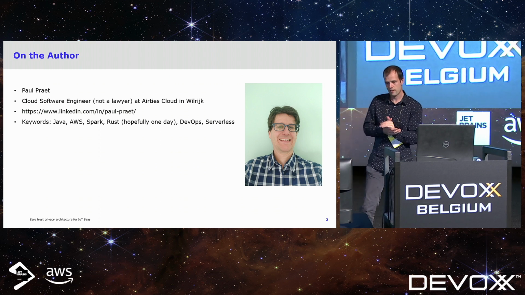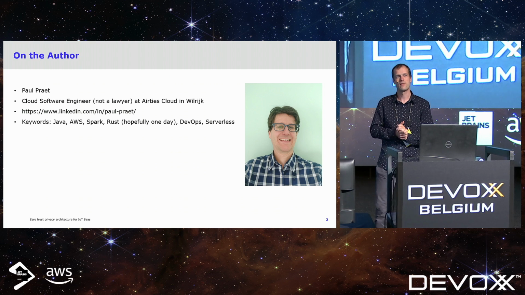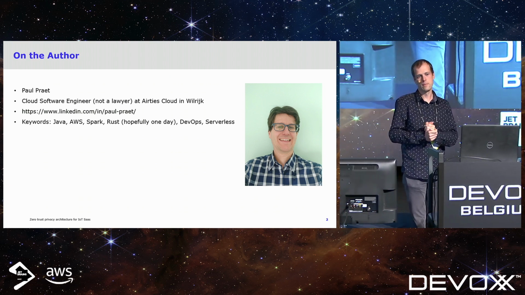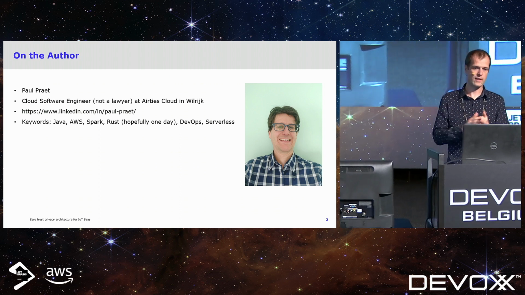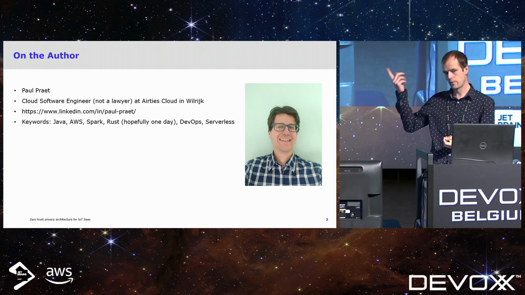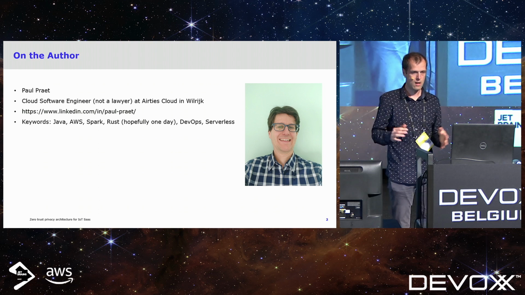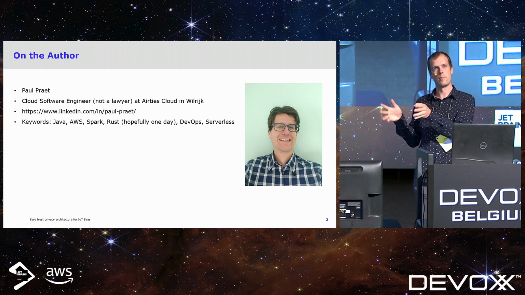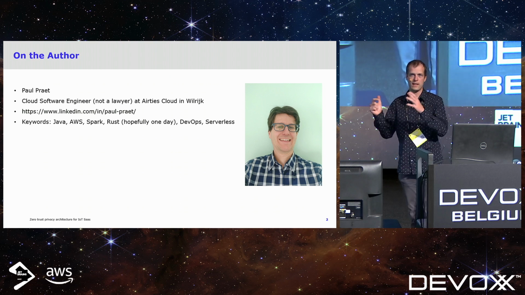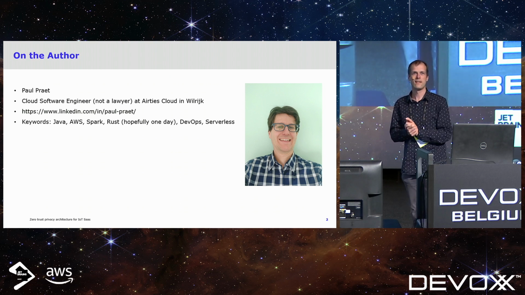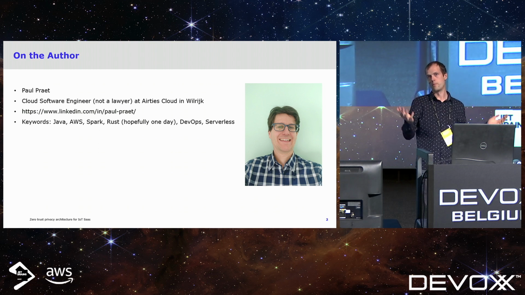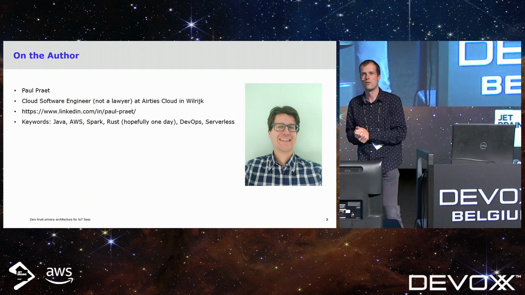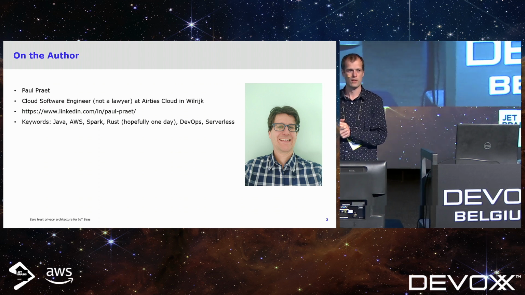So what do we do in Airties? In Airties, we sell smart Wi-Fi solutions to telecom operators. And the Airties Cloud team is a rather small team based here in Antwerp and also in Istanbul, where we design, develop, operate, and maintain a big data system which takes in the Wi-Fi data, or what happens on the Wi-Fi, of tens of millions of homes.